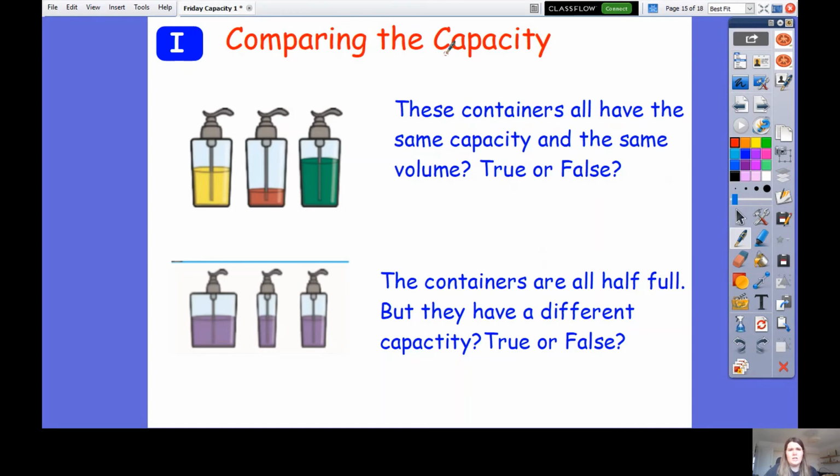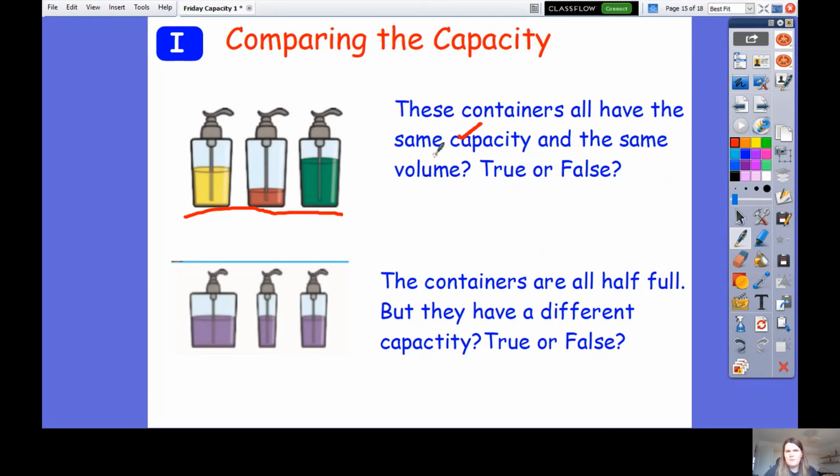The first question is looking at these 3 containers. It says, these containers all have the same capacity and the same volume. Okay, well, let's break this down. Capacity means they all need to be the same size. Yes, they are all the same size, so I can give that bit a tick. And they all have the same volume.